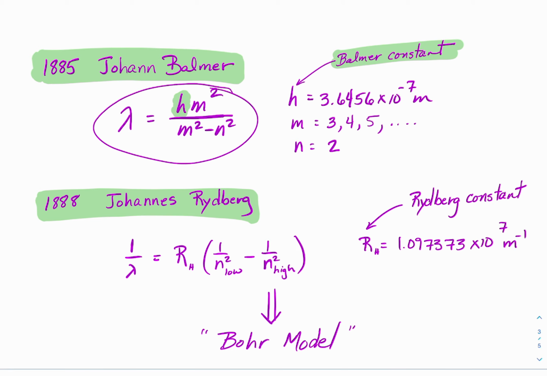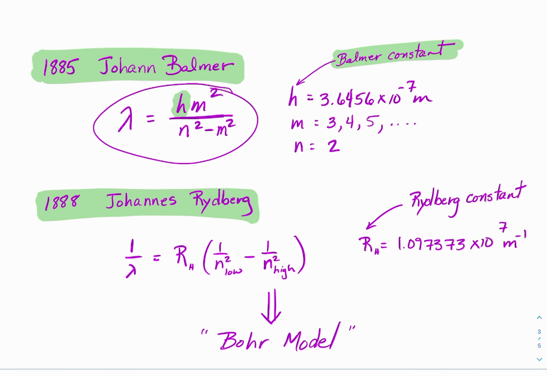The interesting thing about this is that n is always 2, and m is 3, 4, or 5, or higher. And guys, I just realized that I might have messed this equation up. It should be n and m here.